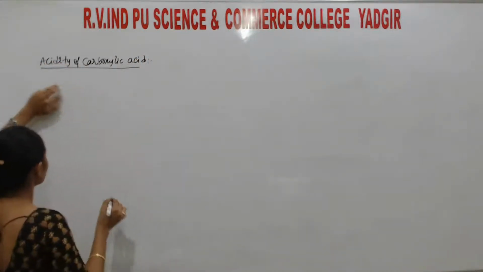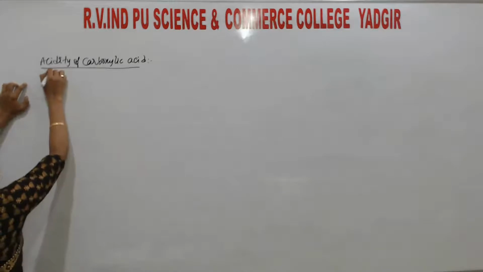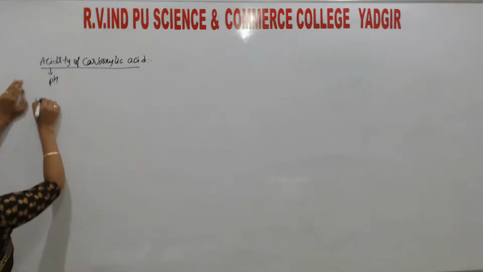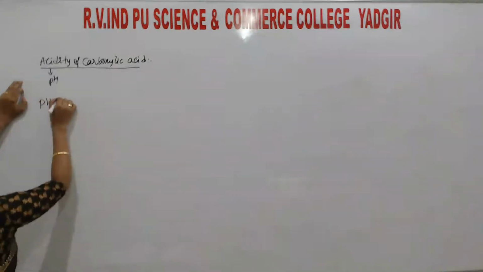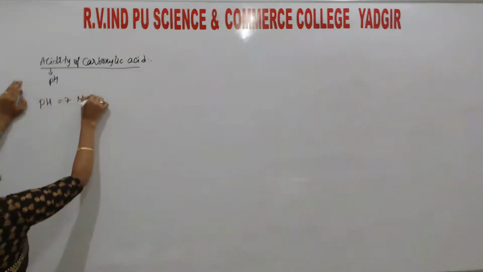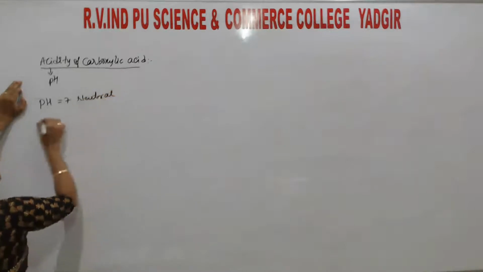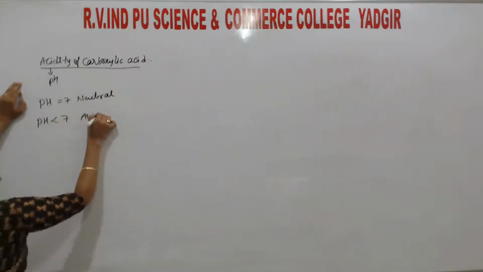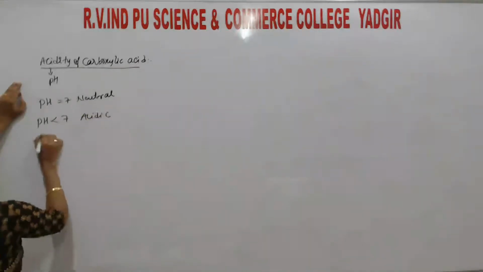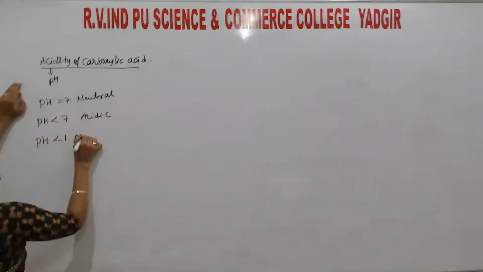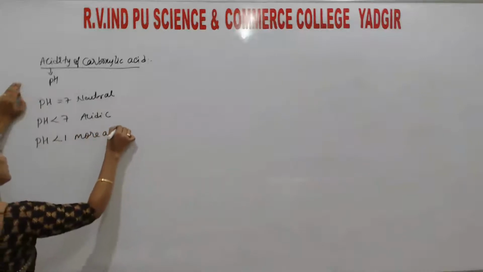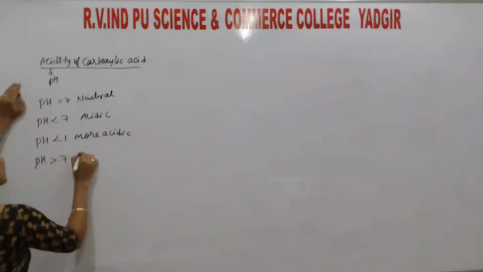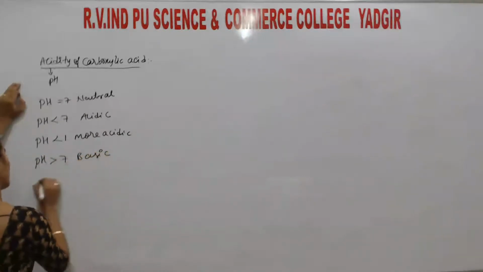The acidity is measured in pH. If pH is equal to 7, it is neutral. If pH is less than 7, acidic. If pH is less than 1, more acidic. If pH is greater than 7, basic.